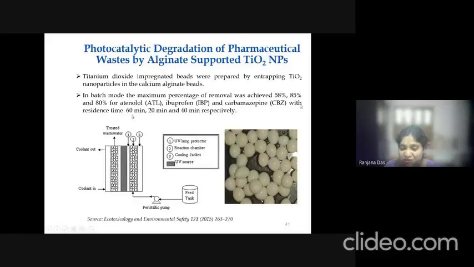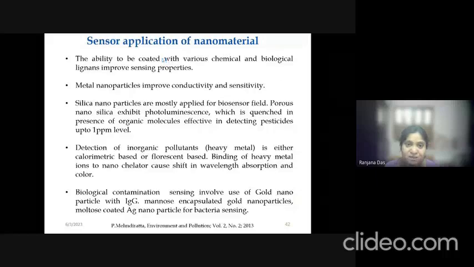That is the unique feature of this photoreactor. The time is very, very low. Within an hour, we are getting this much separation. So the nano photocatalyst, in this way, can be used for industrial effluent treatment or for the removal of persistent organic chemicals and pathogens from the water.